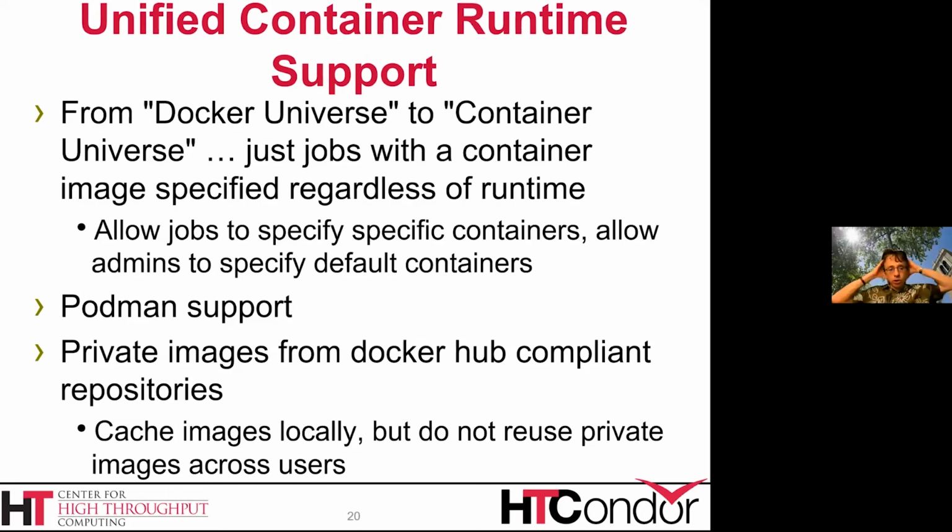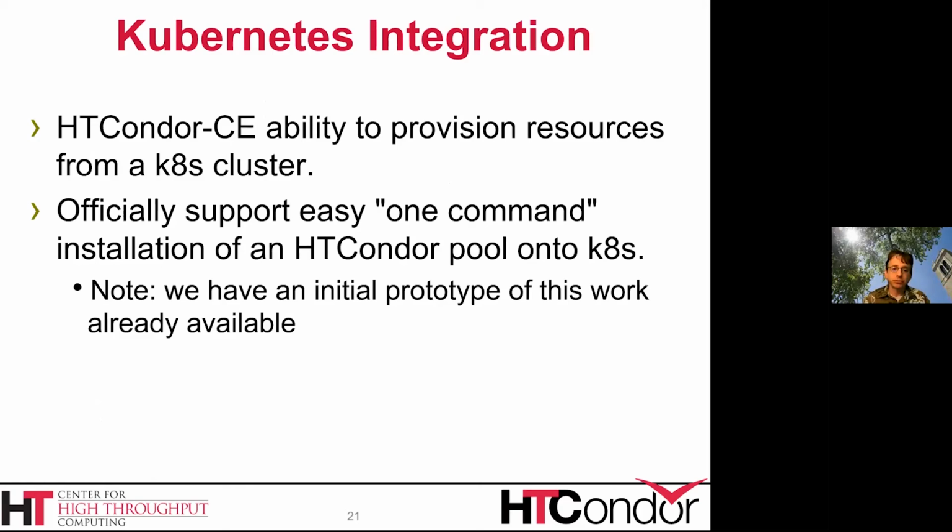So we're looking at doing that and also supporting Podman, and also the ability to support private images from, say, a Docker Hub compliant repository, and keeping those images private by caching them locally, but not reusing any cached copies if they're a private image across different users.